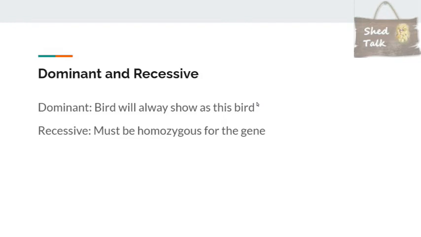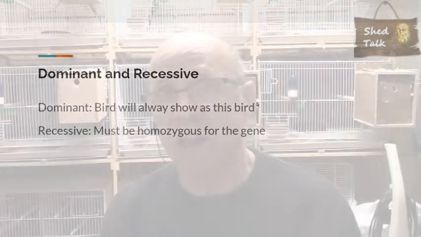In the case we've just looked at, providing the bird contains one of the dominant non-mutated blue alleles, the bird will always appear green. In order for the recessive trait to show up in a bird, both alleles must be for that recessive allele. So in the case of this latest one, they both must contain the mutated blue allele. So that's quite simple then.